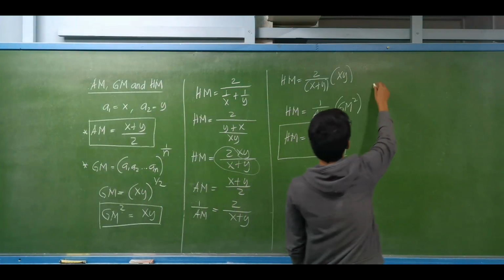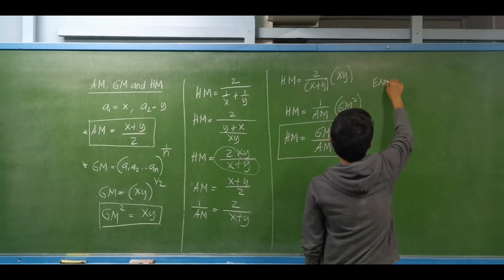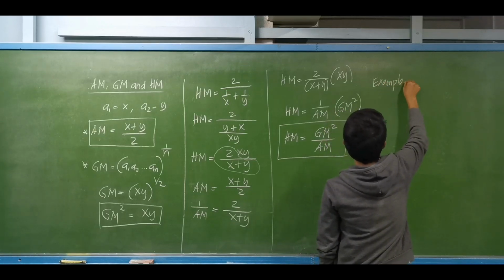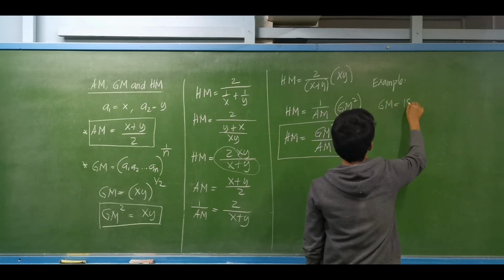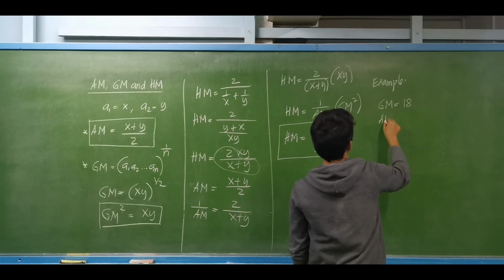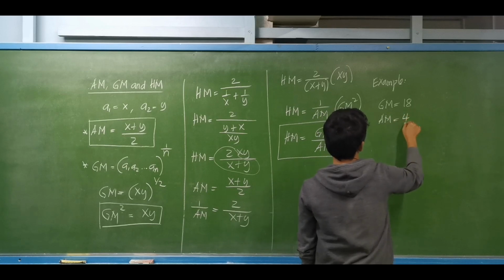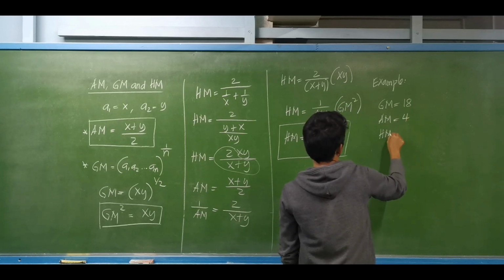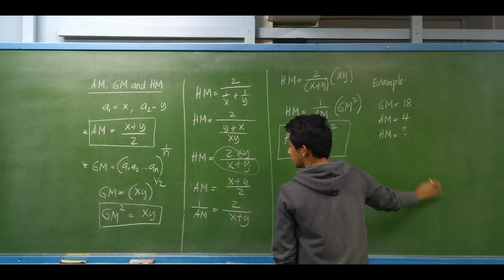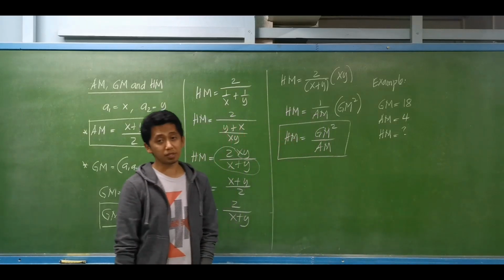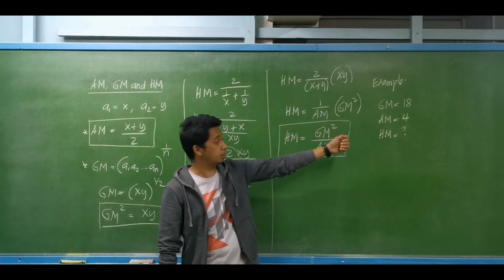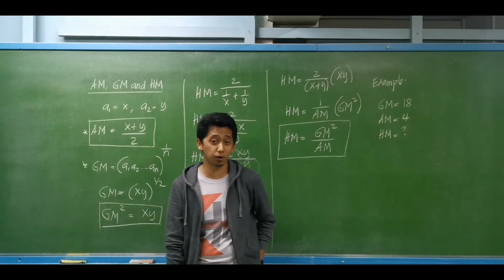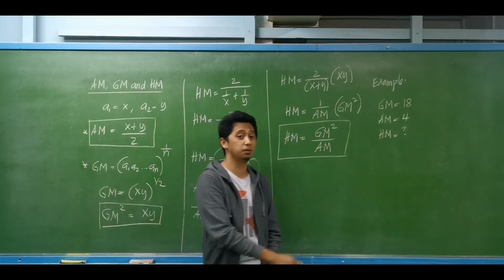So example: the geometric mean of two numbers is equal to 18 and the arithmetic mean is equal to 4. Compute the harmonic mean.